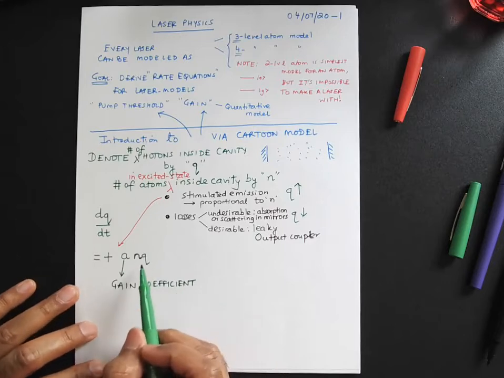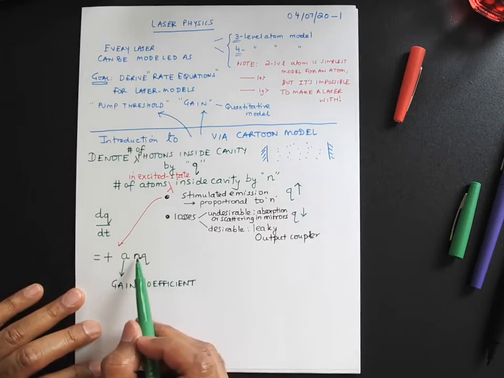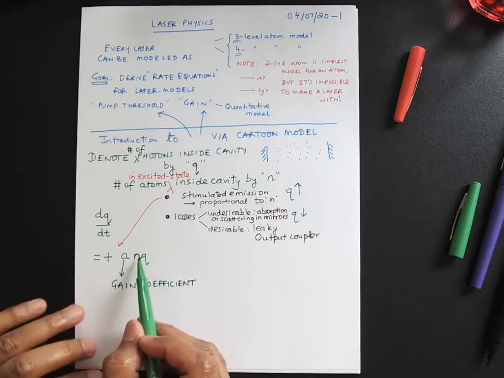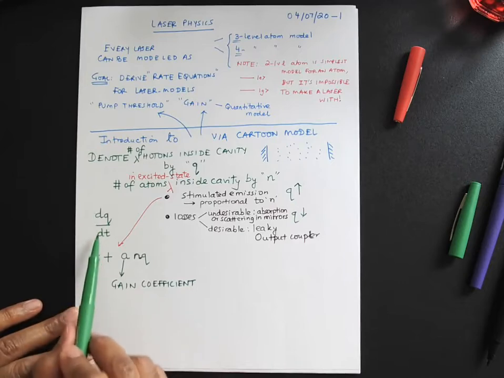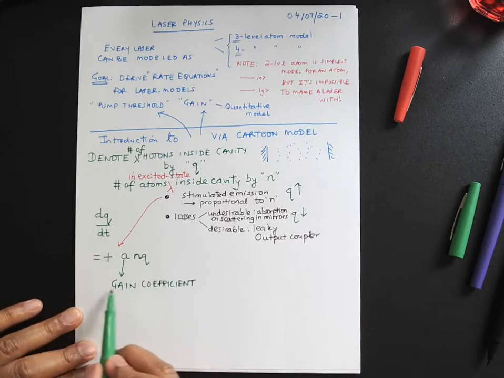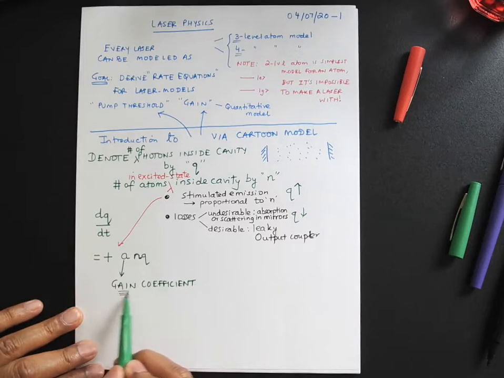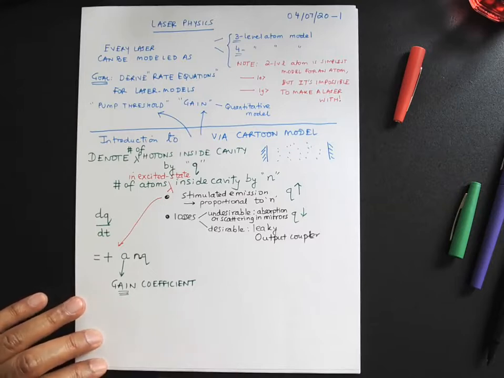Yeah, it's good that you have more intracavity photons and more atoms in the excited state, but how many of them are actually able to make the number of intracavity photons go up? That's reflected in how efficient it is, what's the gain. So this is the constant right there. It's called the gain coefficient.